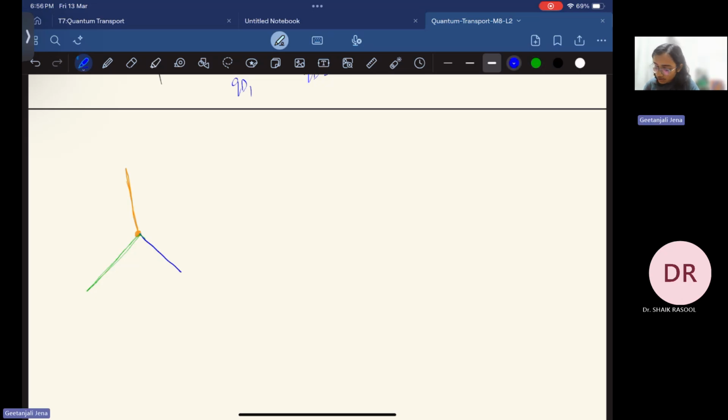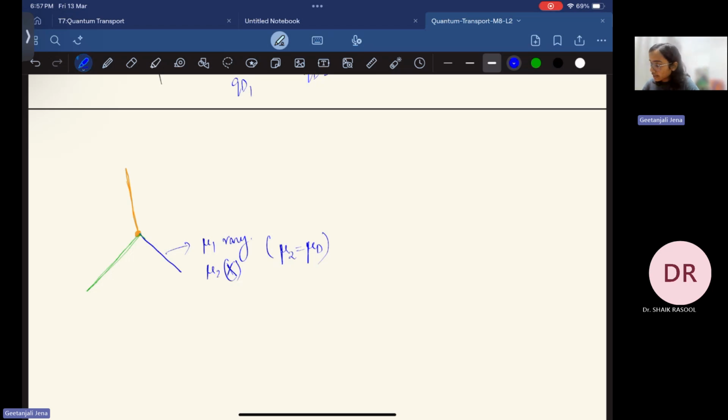So this blue line means the mu1 is varying, but mu2 is not changing. So that means for this case, mu2 is aligned with mu d. So it is already aligned, so it is not varying for this line.